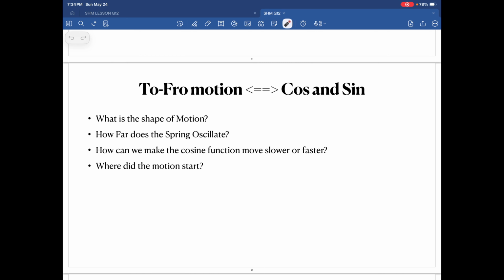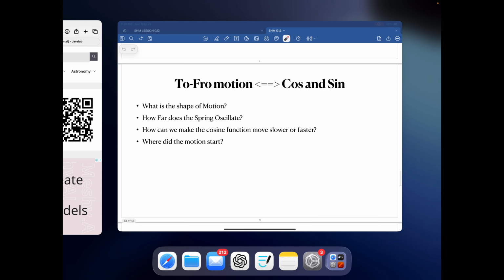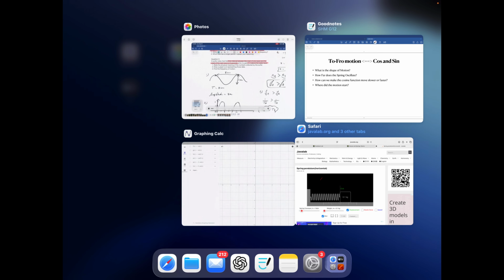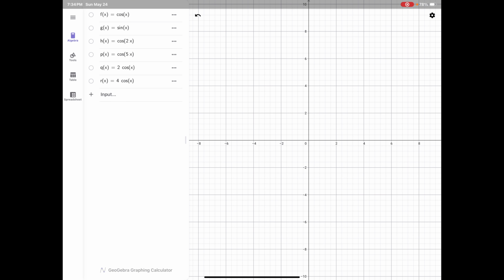First of all, we have to identify the shape of motion. It's very clear that to and fro motion is a repetitive motion. It goes from amplitude to minus amplitude, amplitude to minus amplitude. What kind of function resembles this motion? It is clear that the cosine function does that, and the sine function does that too.